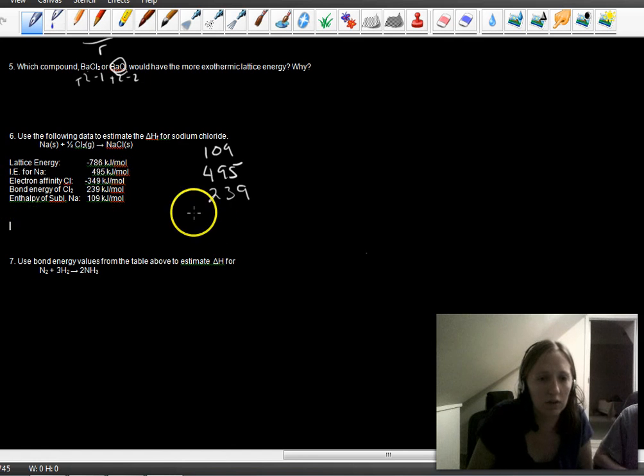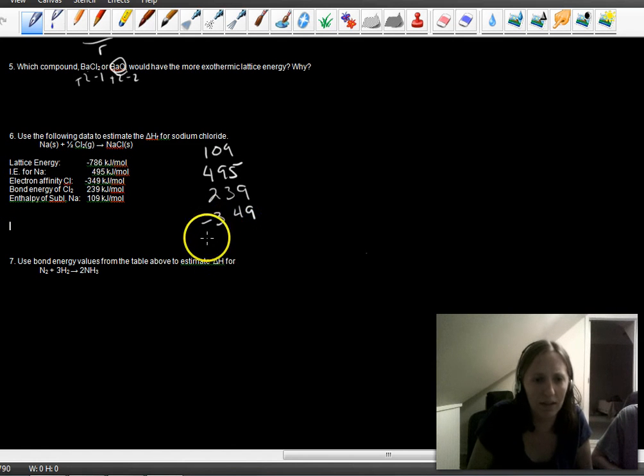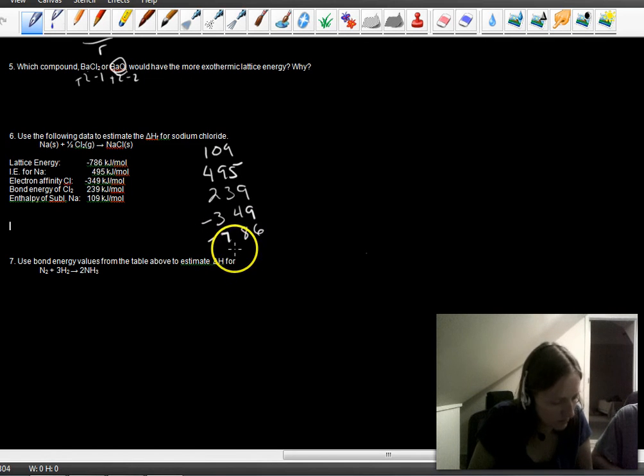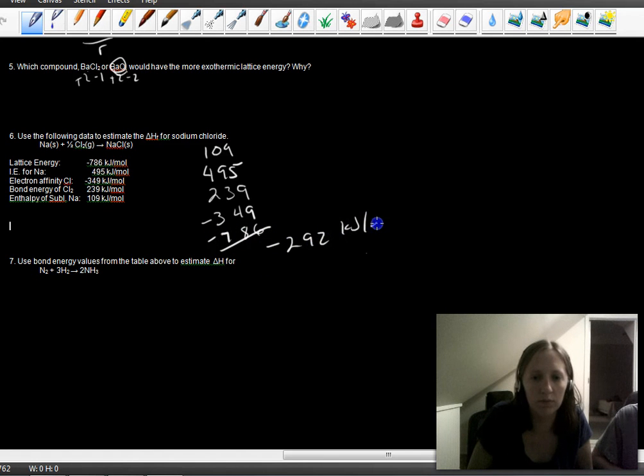That's the electron affinity of chlorine, 349. And then my lattice energy, I've got to add that on there, -786. What? You just have to add them all together? This is too easy for you. Well, anyway, add them all together and you get negative 292 kilojoules per mole.